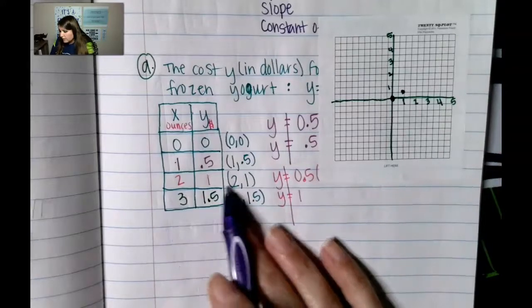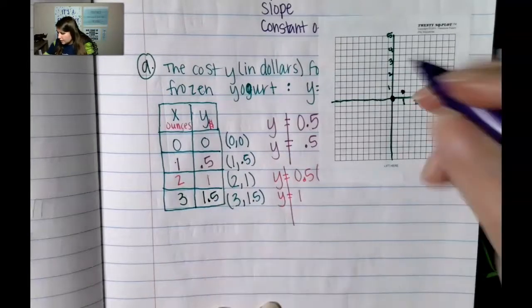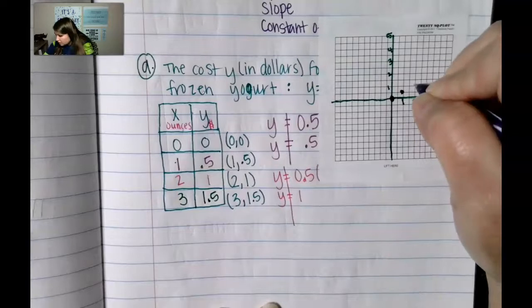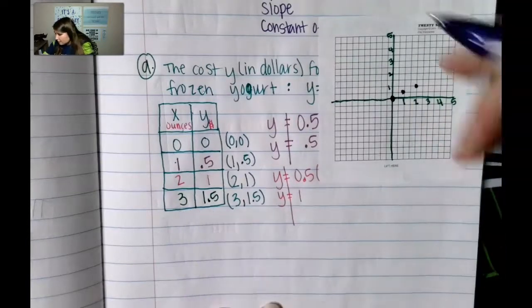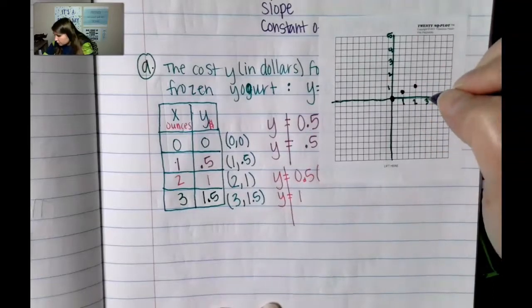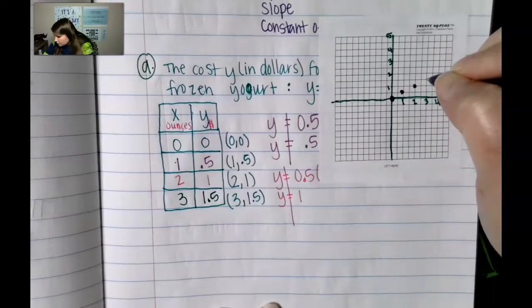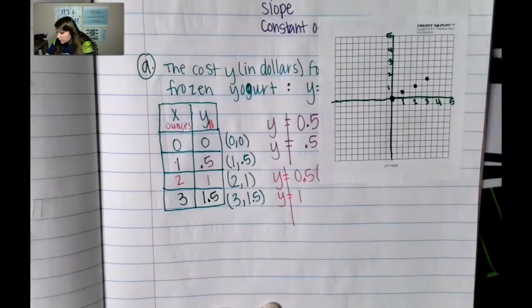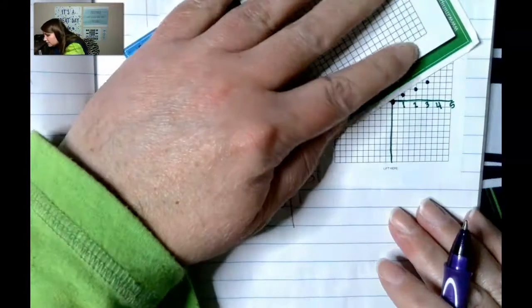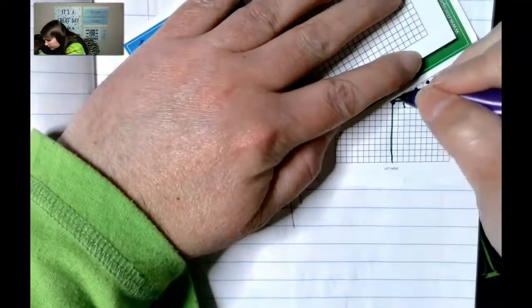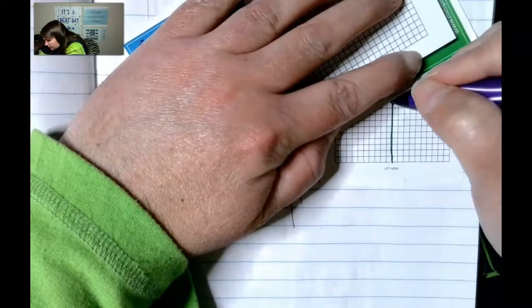The next one, I buy 2 ounces of frozen yogurt, I'm going to pay $1. Next, I buy 3 and I pay $1.50. So I'm going to go over to 3 and up to 1.5. So my proportional relationship is being graphed by a straight line.